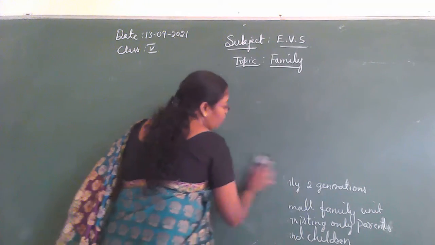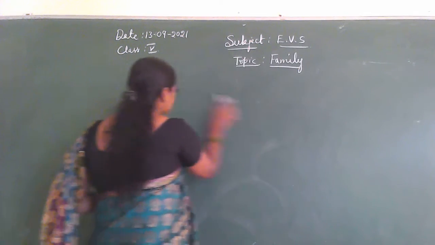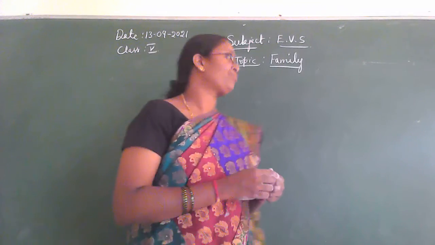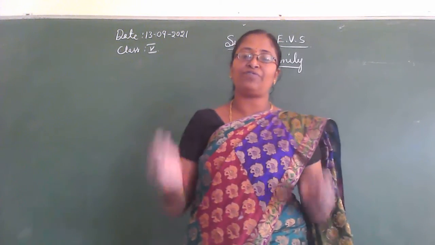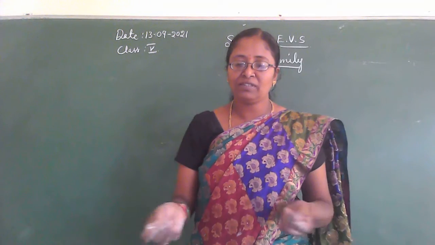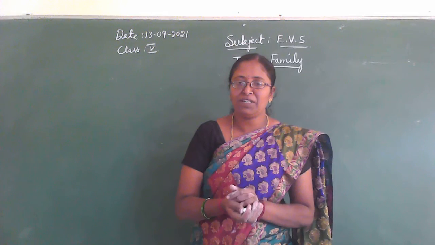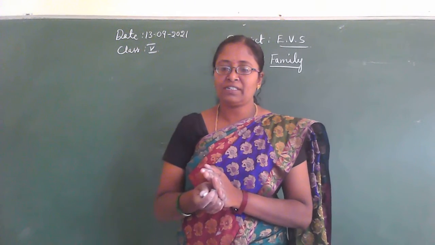Children, we are going to know about the advantage and the disadvantage of the joint family. Do you know about the advantage? Advantage means what is the use of the joint family. Disadvantage means it is not useful. So how is it a disadvantage?